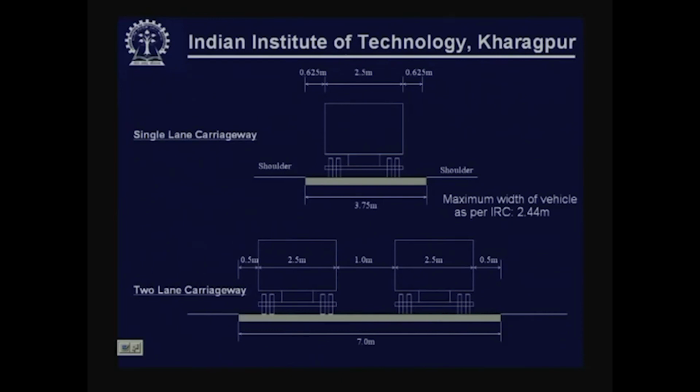So, 0.5 meter on each side, 1 meter in between, and 2.5 plus 2.5, the total makes it 7 meter. Like that, for different types of road, single lane, two lane, multi lane, the width of carriageway is decided.